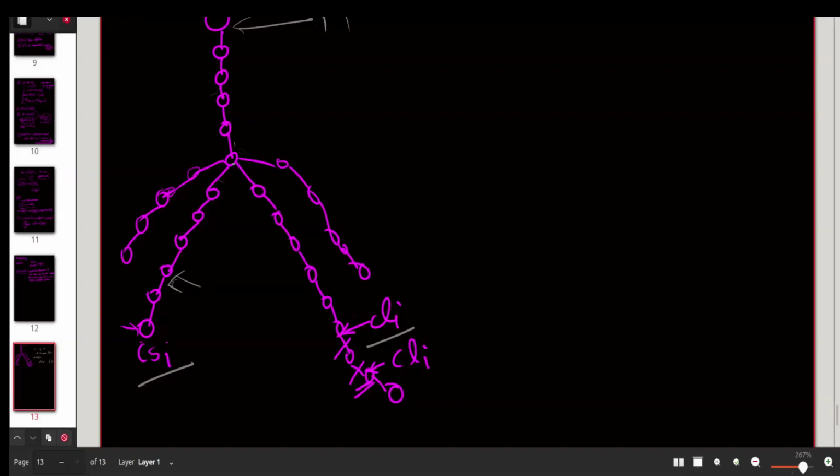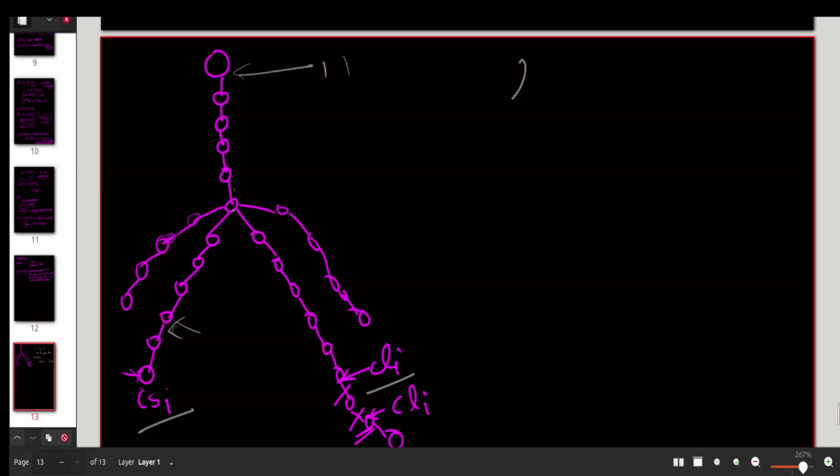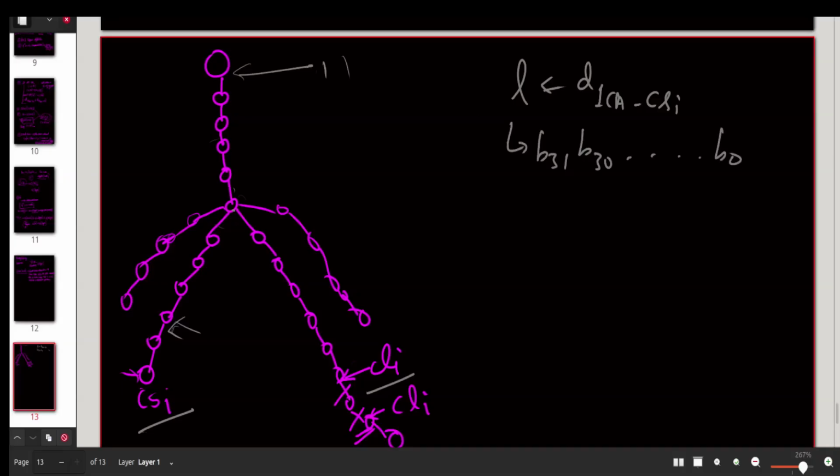So L is the relative distance between the least common ancestor and CSI. L has some binary representation. But what do we do with this binary representation exactly? We don't know what each bit is, but is it possible to find out? Yes. When is it possible to find out?